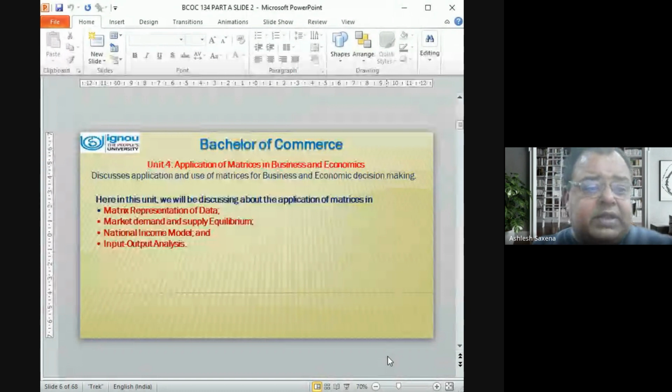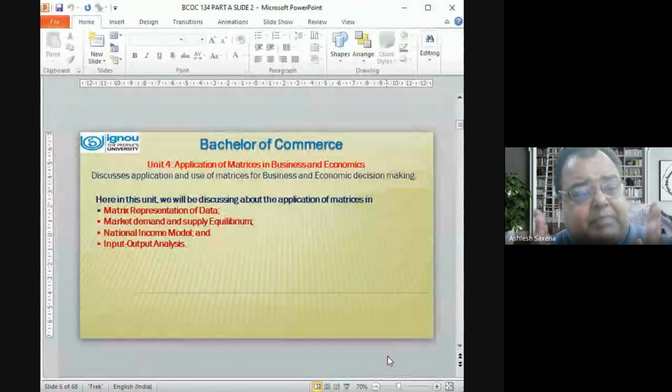We will discuss the application and use of matrices for business and economics in decision making. Here we will be discussing the applications of matrices in matrix representation of data, market demand and supply equilibrium, national income model, and input-output analysis. This is what we will be doing.